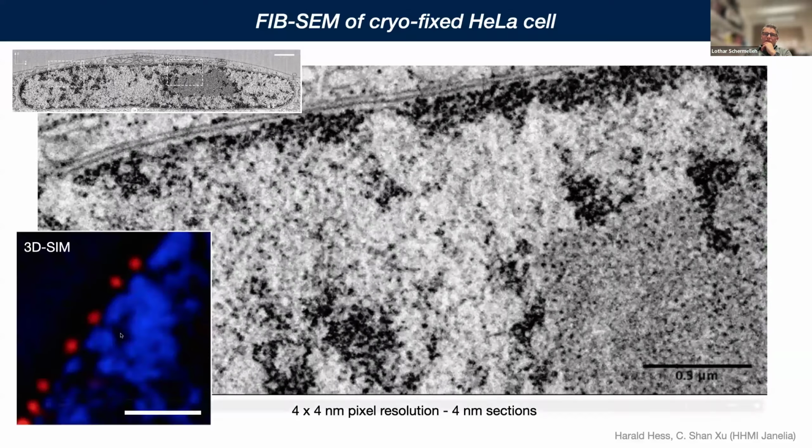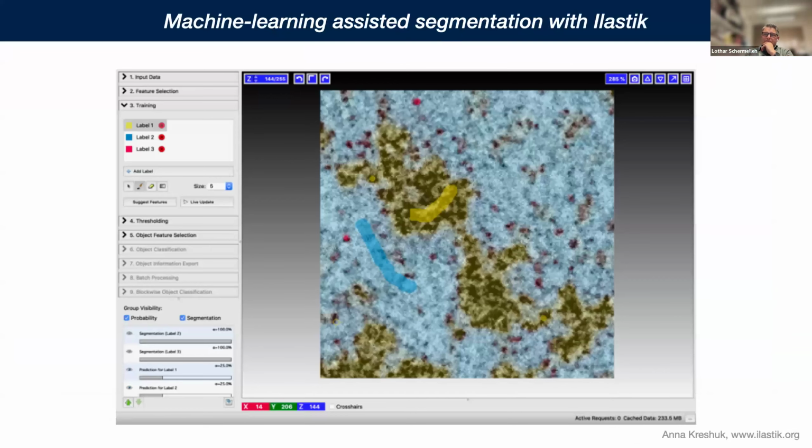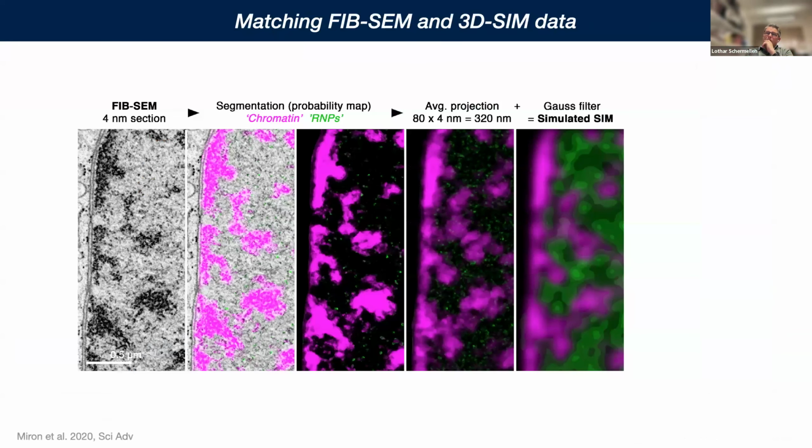And this is just, in comparison, our 3D SIM data. We can make use of machine learning assisted segmentation and separate black dots that are in groups and black dots that are isolated.